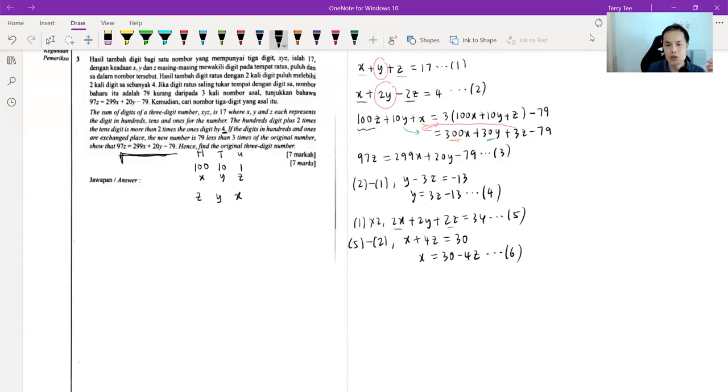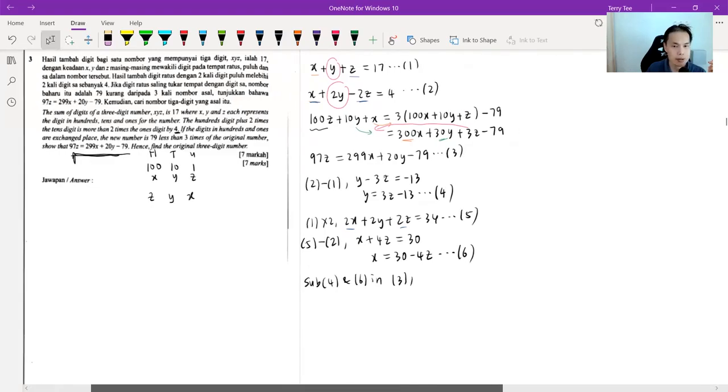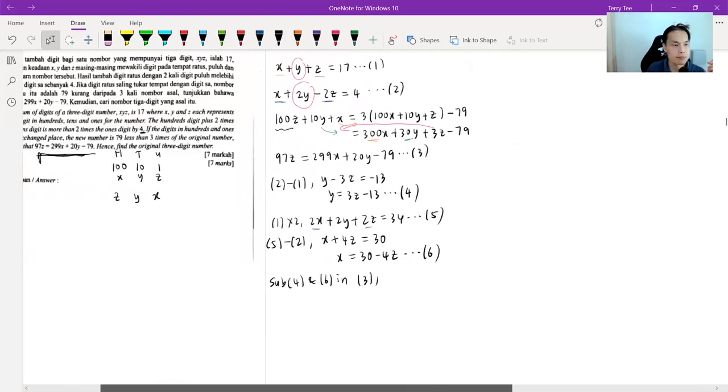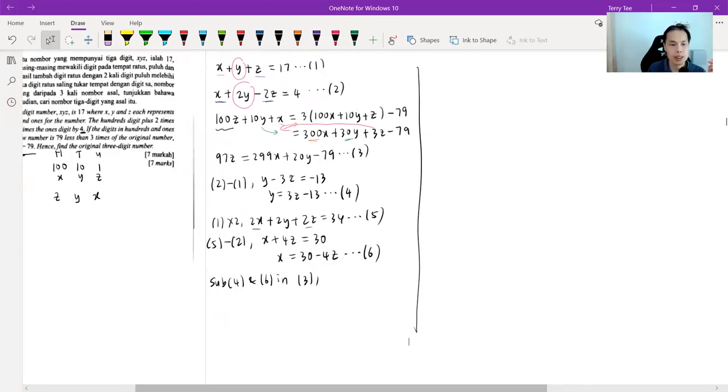Once I got this equation, I'll just sub equation 4 and 6 inside equation 3. Maybe I move this a bit to the right hand side, so you can see I got more space here. It's easier, more space to work it out. When I sub inside, I don't write x anymore.